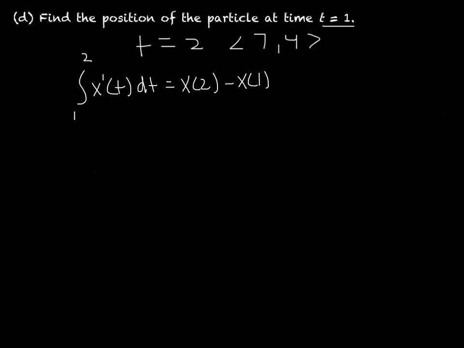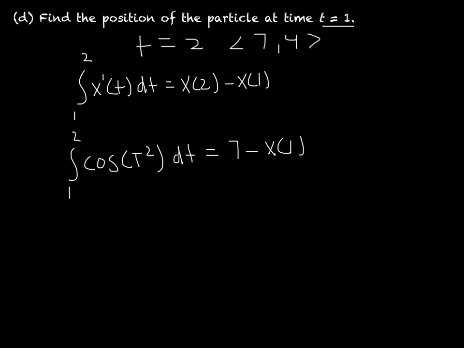If we integrate from 1 to 2, obviously we can't use regular traditional methods to integrate this, so we're going to have to use our calculator. So we're going to let our calculator integrate from 1 to 2 x prime of t, which is the cosine of t squared function dt. And that's going to equal the x coordinate at 2, which is 7, minus the x coordinate at 1, which we don't know.